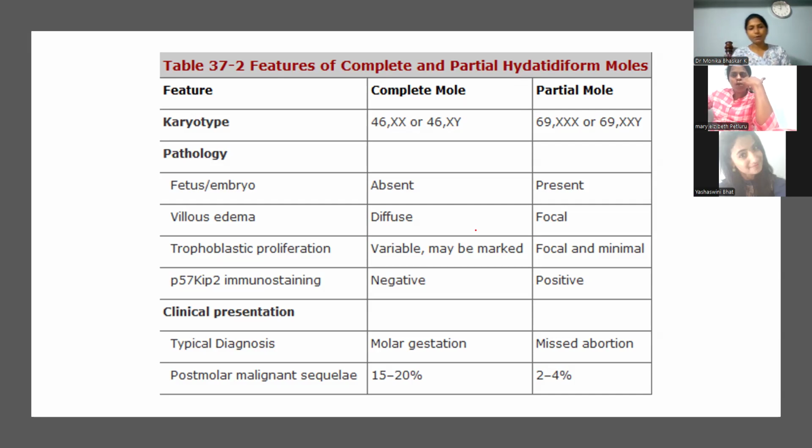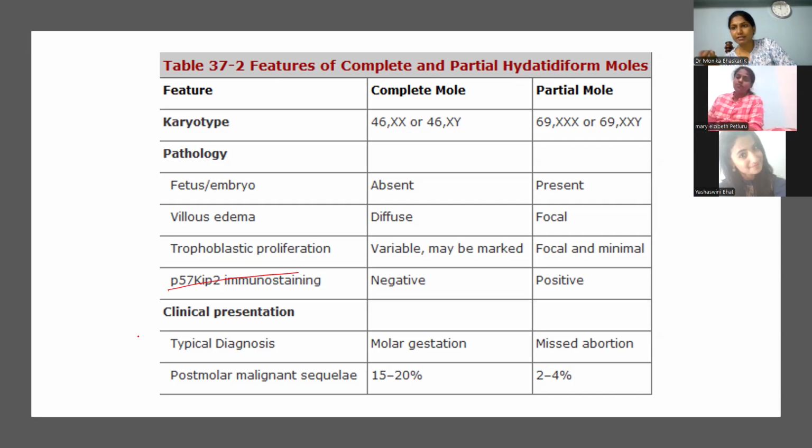And the very important thing is the P57 KIP2 immunostaining. This is immunohistochemistry. Because of the maternal component in a partial mole, P57 KIP2 is expressed. It is paternally imprinted but maternally expressed.